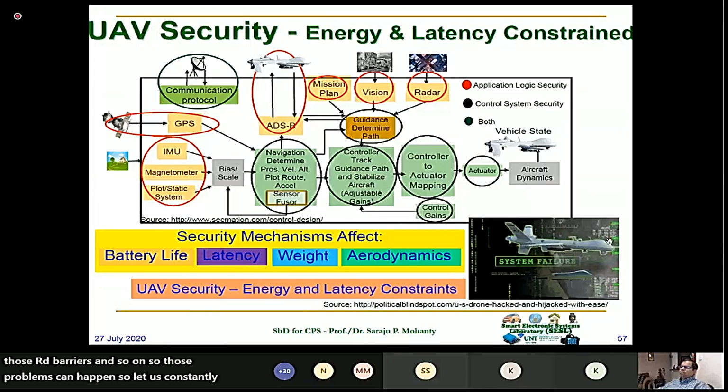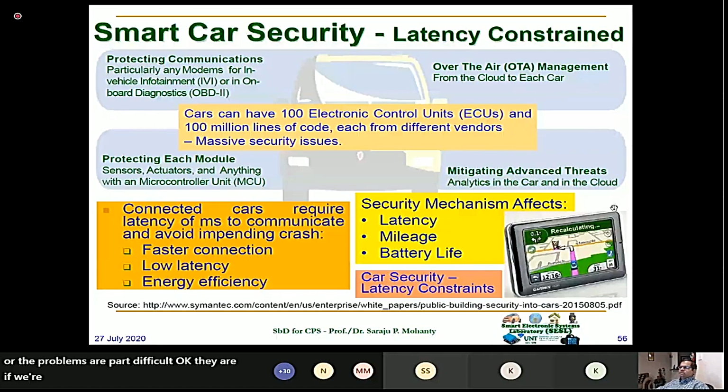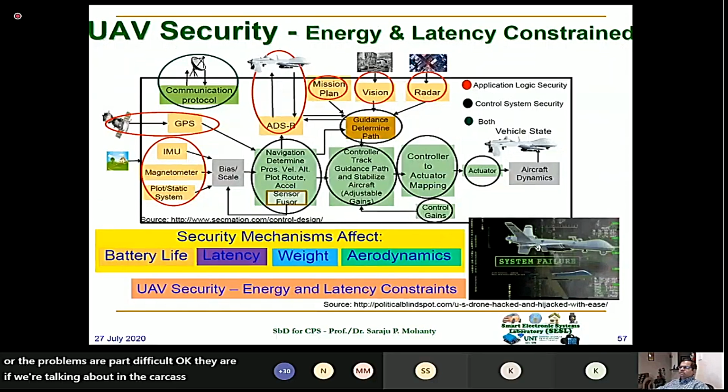And if you go to aerial vehicles, drones and so on, the problems are far more difficult. If in the car case we are talking about milliseconds, imagine how fast decisions need to be taken here. The security solution needs to work much faster.